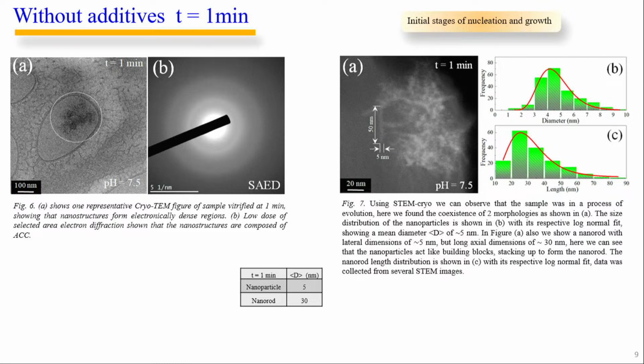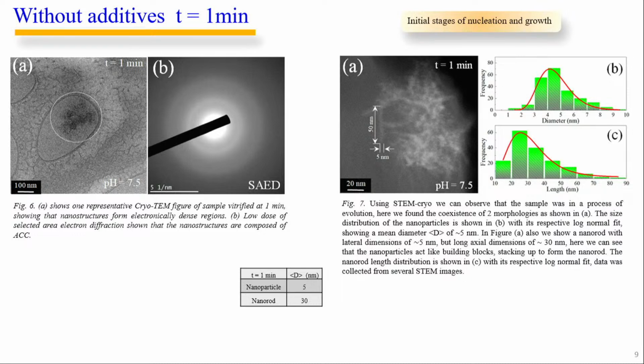Using cryo-STEM, we can observe that the sample is in a process of evolution. Here, we found the coexistence of 2 morphologies, as shown in Figure A. The size distribution of the nanoparticles is shown in Figure B, with its representative log normal fit, showing a mean diameter of 5 nanometers.